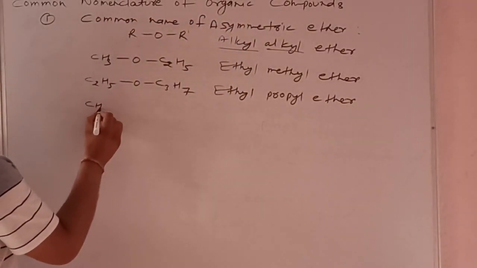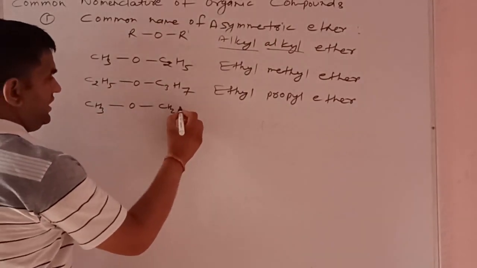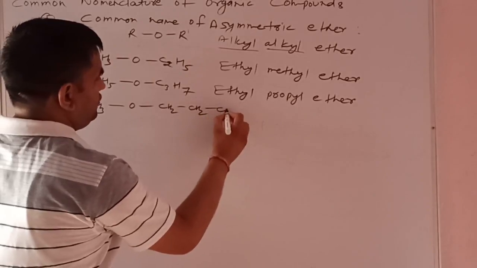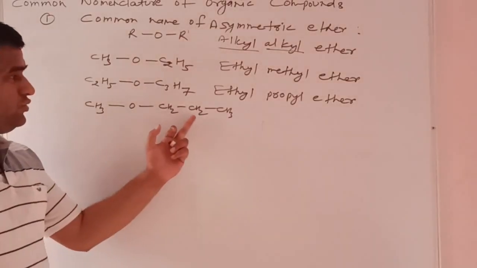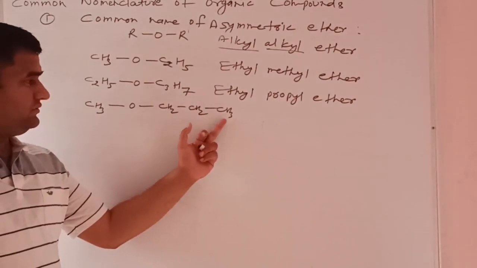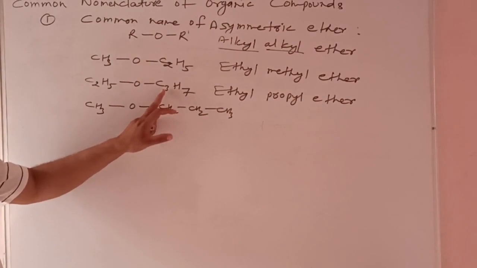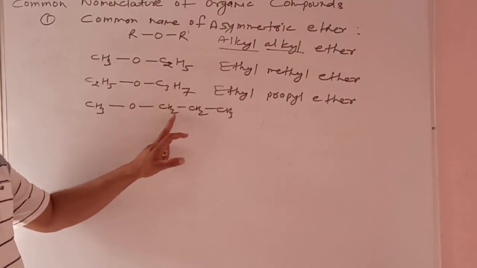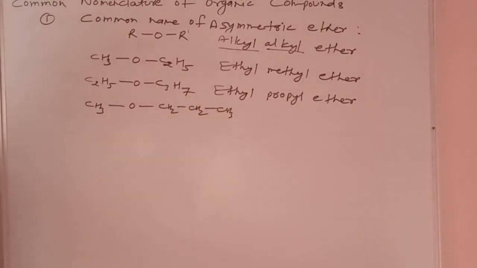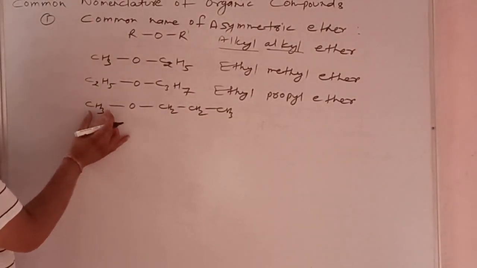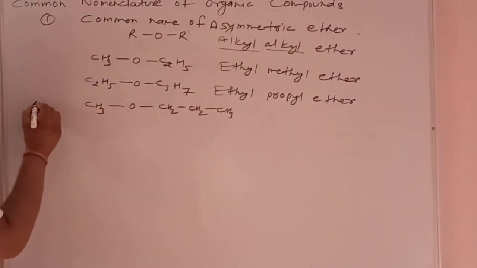Next example is CH3OCH2CH2CH3. CH2CH2CH3 is propyl. Propyl represents C3H7 or CH2CH2CH3. In this ether, the first group is methyl and the second group is propyl.